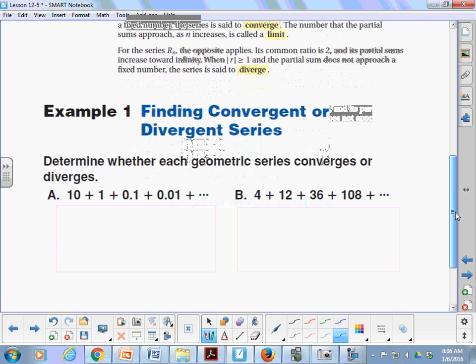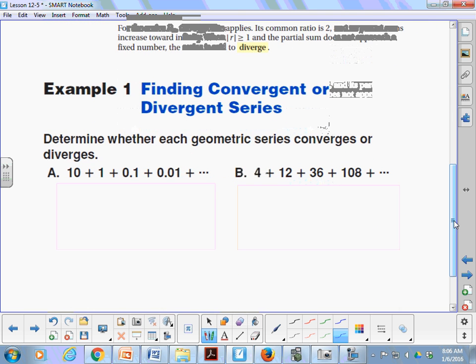So we want to tell whether a specific series converges or diverges. And these are specifically geometric ones, so we know that there's multiplication going on to get from one term to the next.